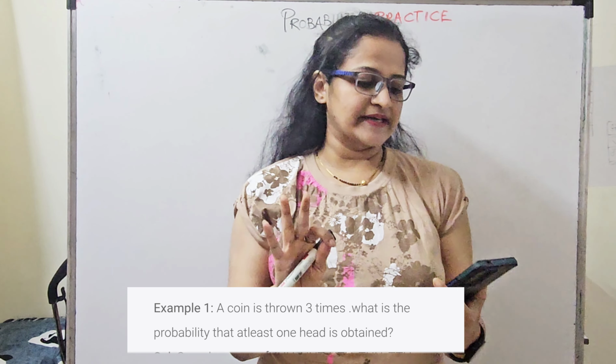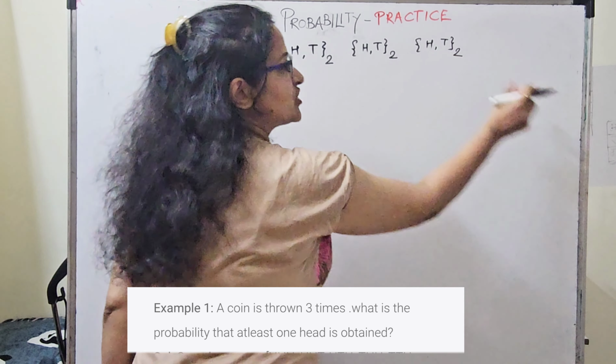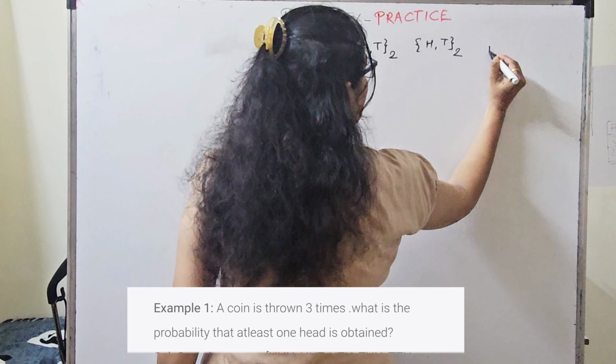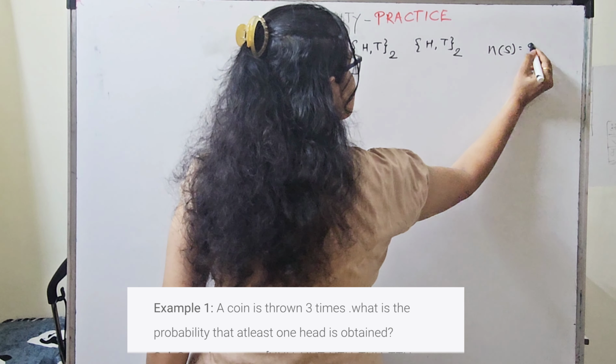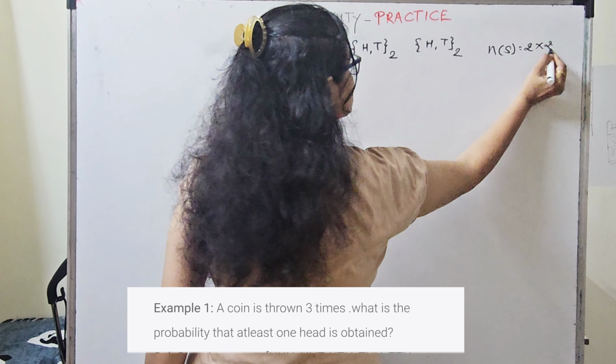The number of elements in the total sample space is nothing but 2 into 2 into 2. This is the Cartesian product basically. So n of S is 2 into 2 into 2, which is 8.